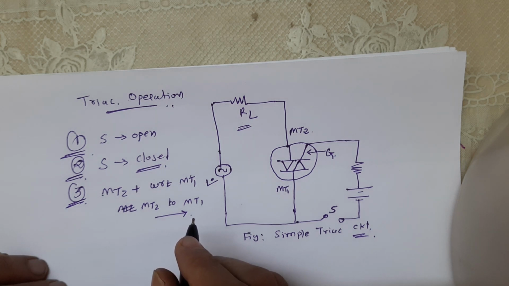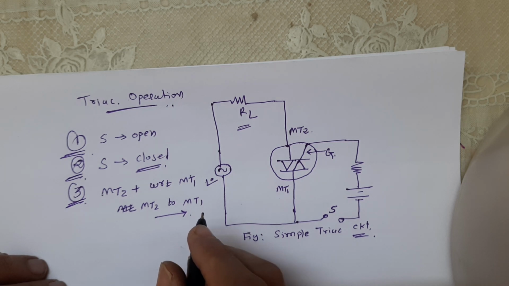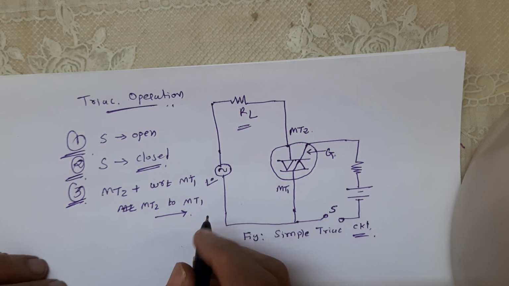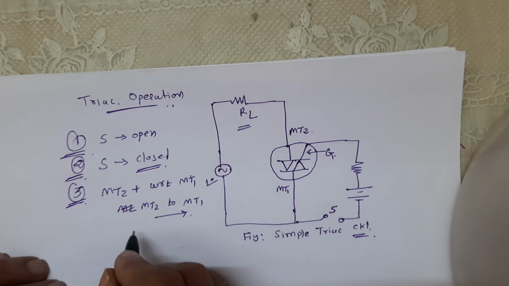If the terminal MT2 is negative with respect to MT1, the triac is again turned on, but this time the conventional current flows from MT1 to MT2.